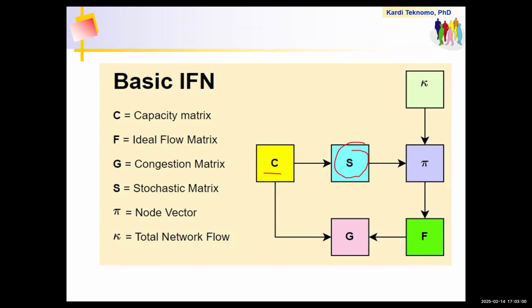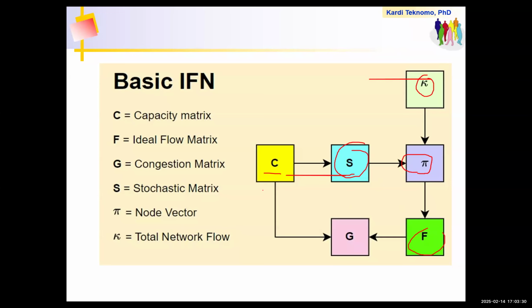Based on the stochastic matrix, you can compute what is called the node vector. This is basically the Markov equilibrium vector. Of course, you need to give a certain value, which is the total flow in the network, kappa. Based on these two, you can compute the IFN, which is the ideal flow matrix here.